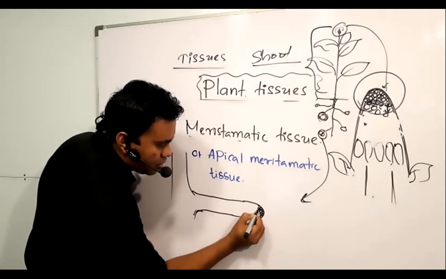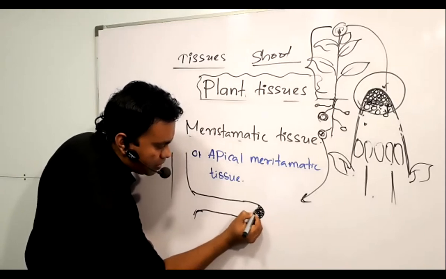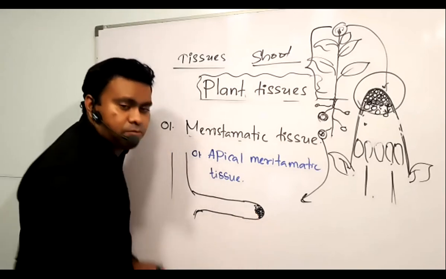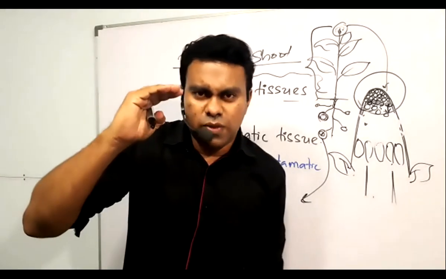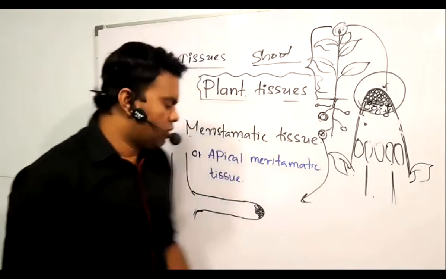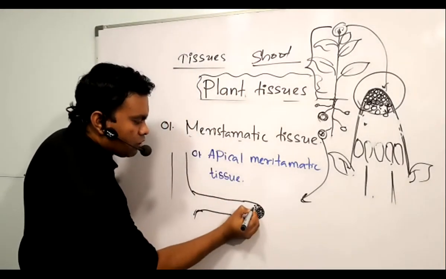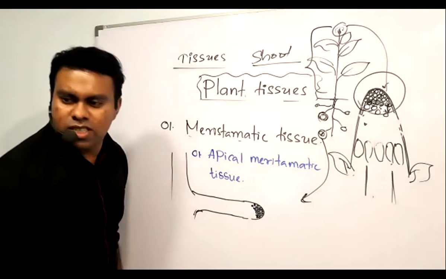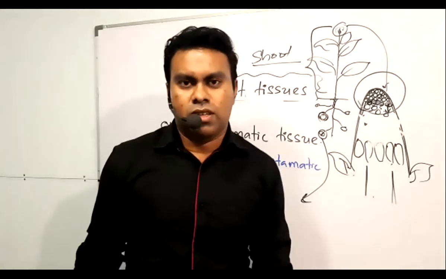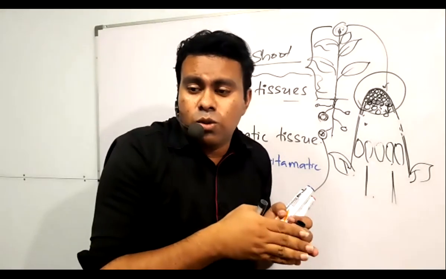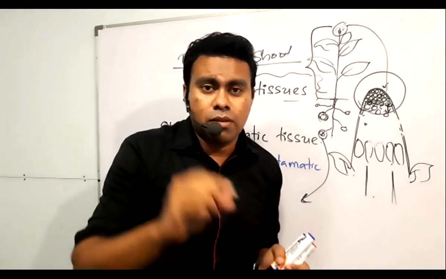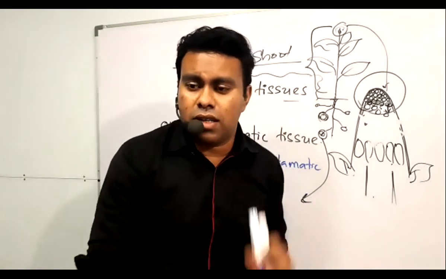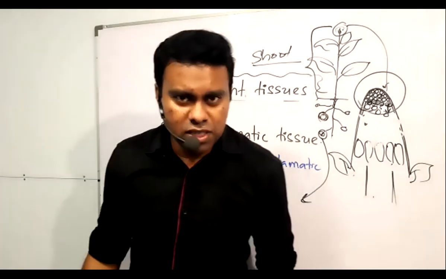So this is the root apical meristematic tissue. So that's very soft. So this root apical meristematic tissue is very soft. So it is going through stones, particles, sand particles. So it may be damaged due to the friction.